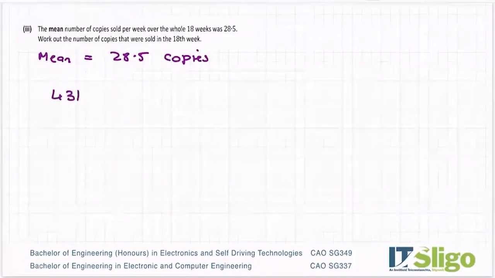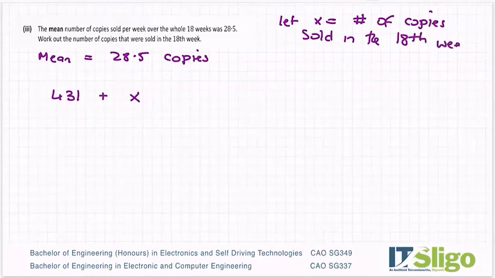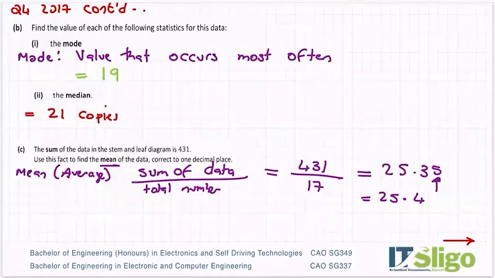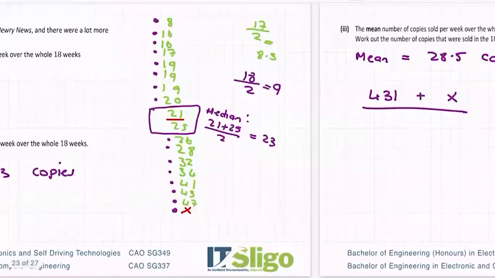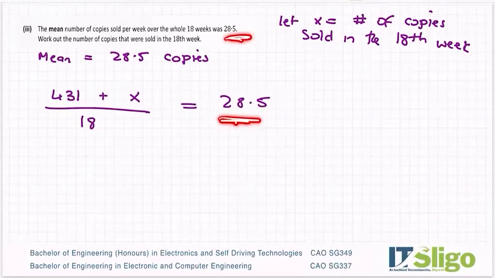So I would take that 431 and add on the X. Remember, I called whatever was sold in the 18th week X. So let X equal the number of copies sold in the 18th week. Then I would divide not by 17 like I've done here, because that was just for 17 weeks. Now I'm dividing by 18, and the answer they're telling me I'm going to get is 28.5.